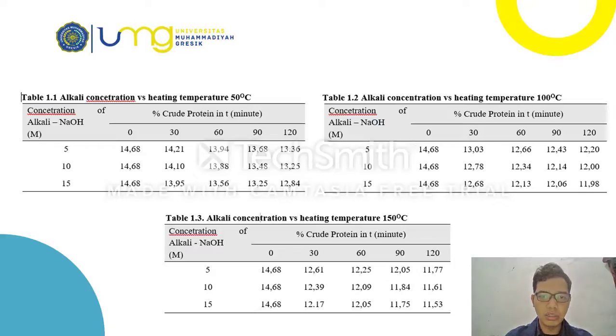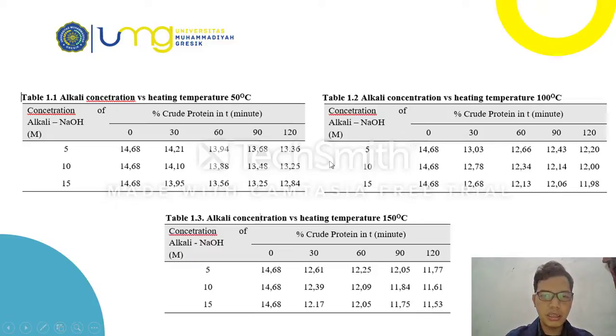This is shown at the heating temperature of 150 degrees Celsius with the interaction of alkaline concentrations at 5, 10, and 15 molar after 60 minutes.